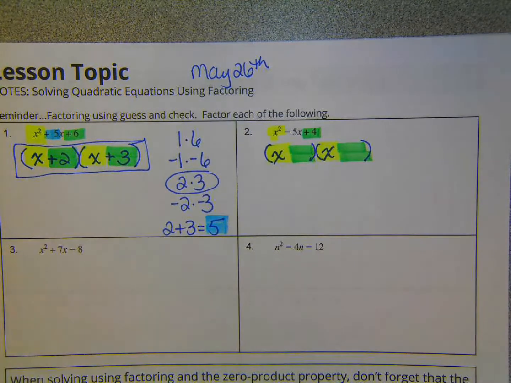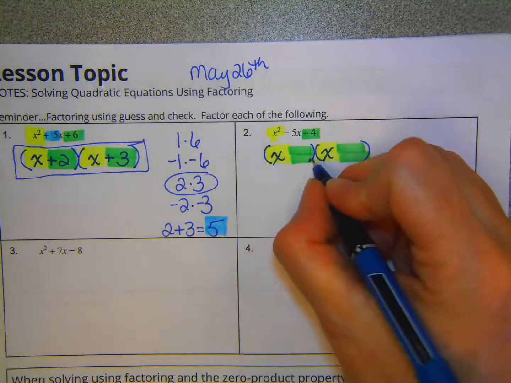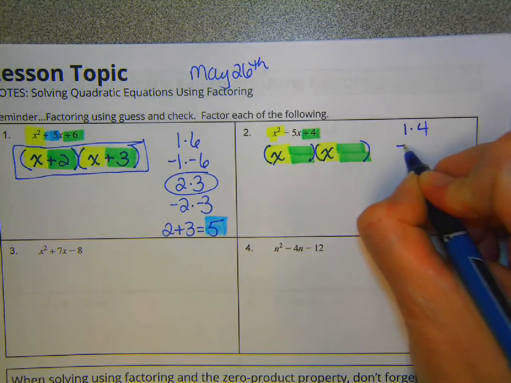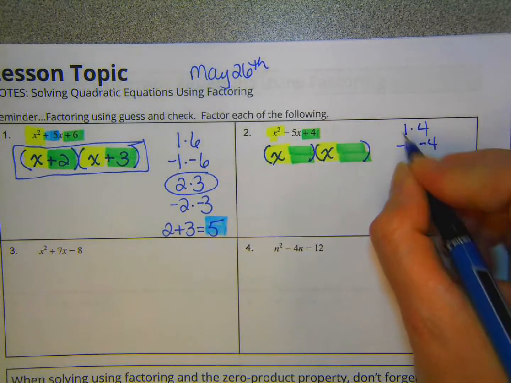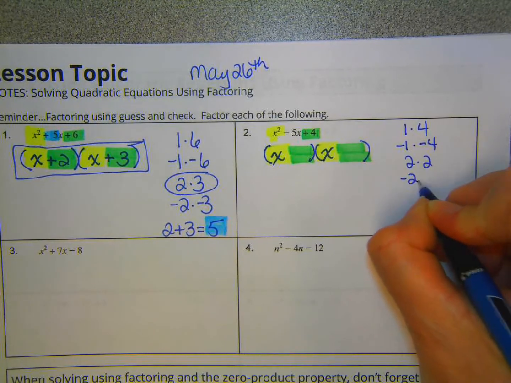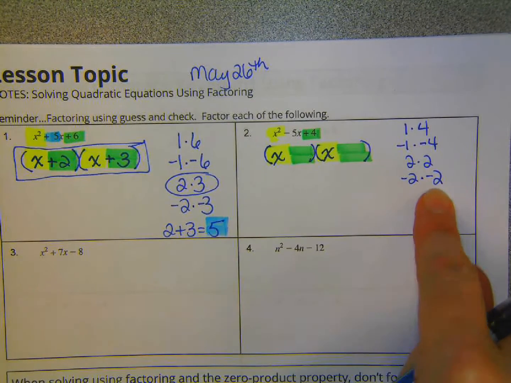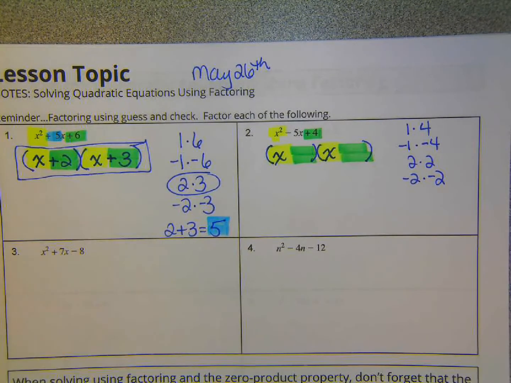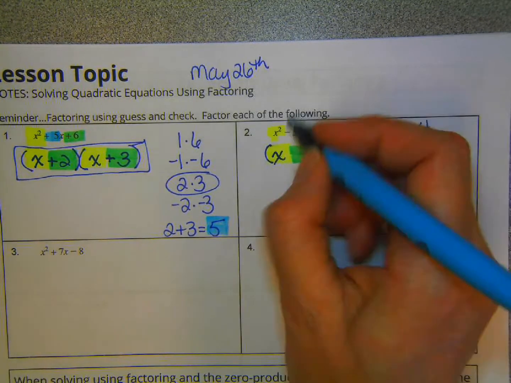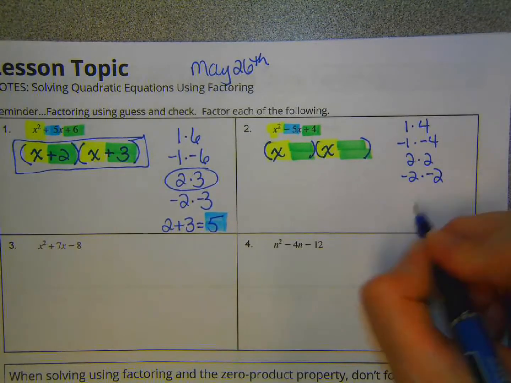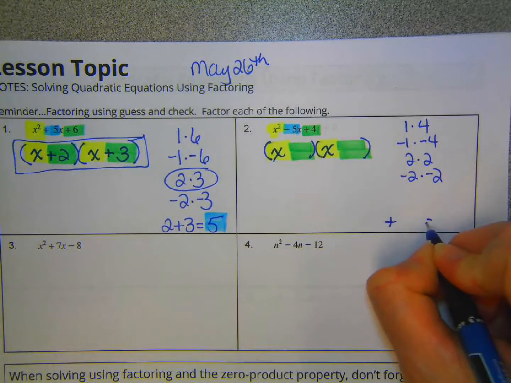What values can we multiply to get positive 4? 1 times 4, negative 1 times negative 4, 2 times 2, or negative 2 times negative 2. And the question now is, what can we add together to get negative 5? We need these two values to add together to get negative 5.